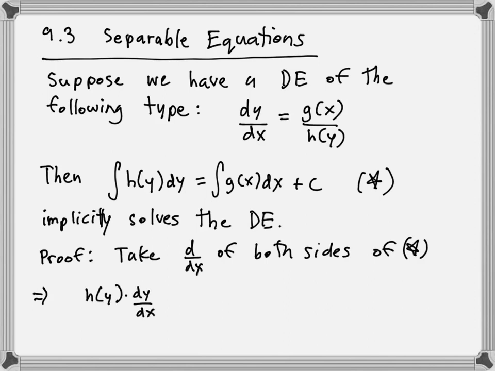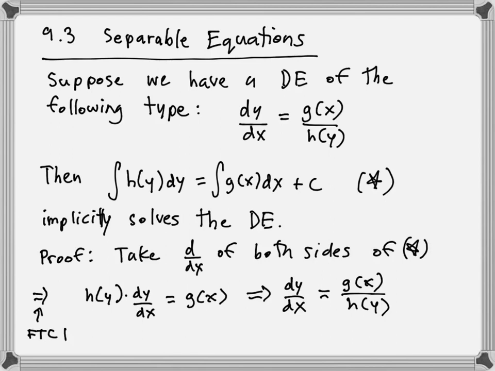This is just the chain rule and the fundamental theorem of calculus. And if you take the derivative of the right side, you just get g of x. But this implies exactly that dy dx is equal to g of x over h of y. Okay. And this part is true because of the fundamental theorem of calculus part 1. And that's our proof.